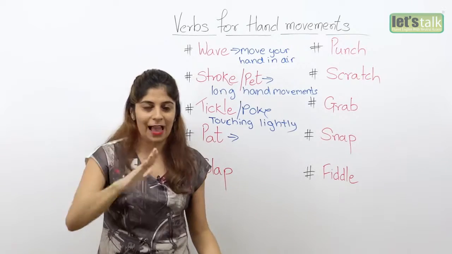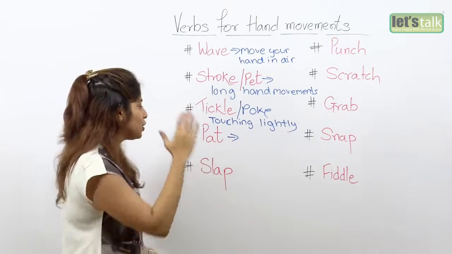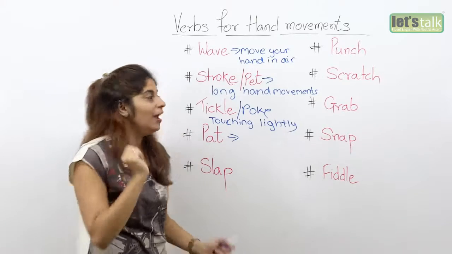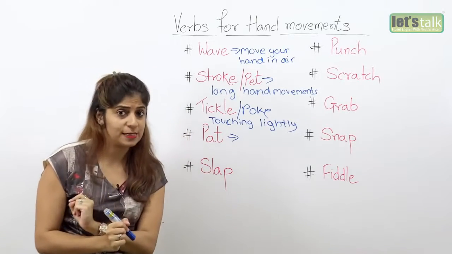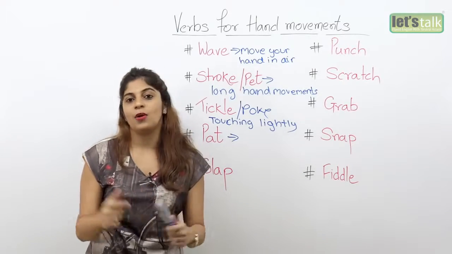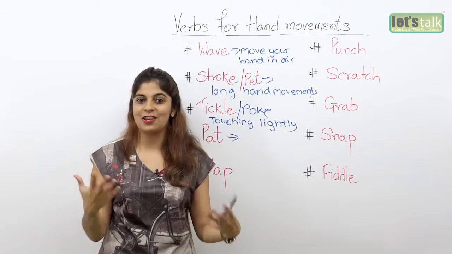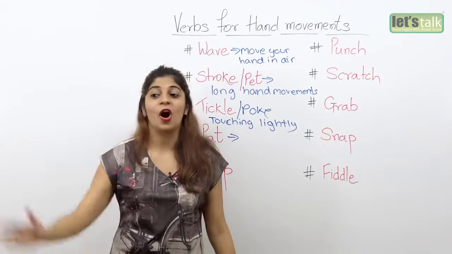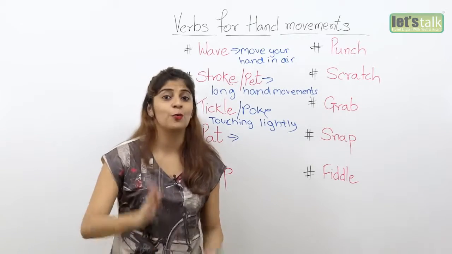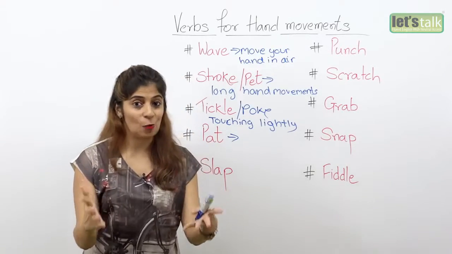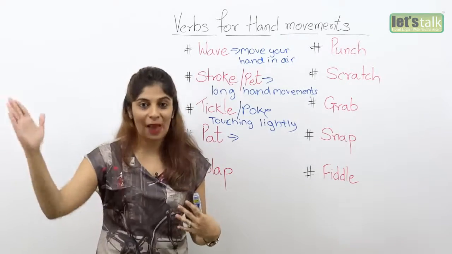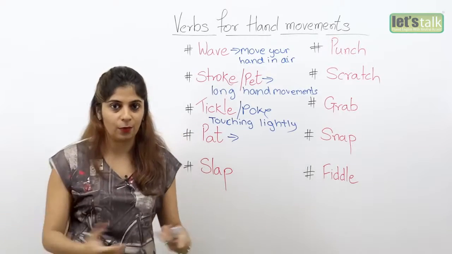So you're not actually hitting someone, but you're patting that person. Another way that you can use this verb is when you're very proud of someone and you pat their back. You're like, oh, I am so proud of you. So with your open hand, but a very gentle touch, that is also patting. You pat someone on the back.